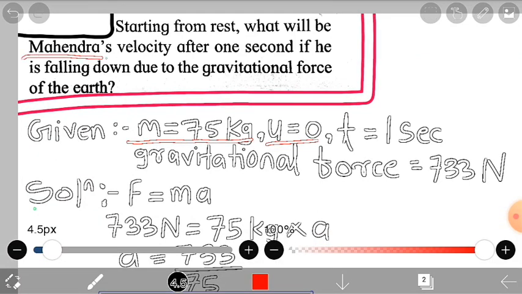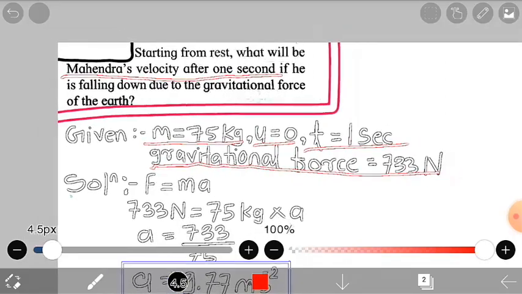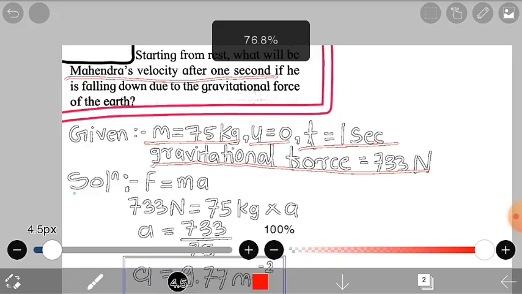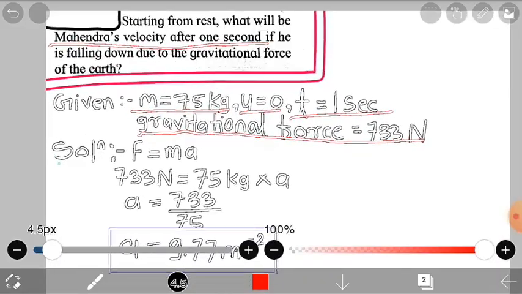Here, Mahendra's velocity after 1 second, it means that time equals 1 second. And the gravitational force equals 733 Newton, which we have found in a recent question.